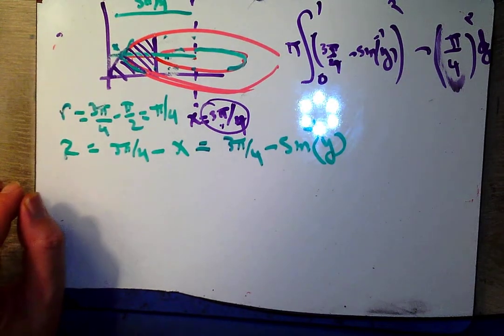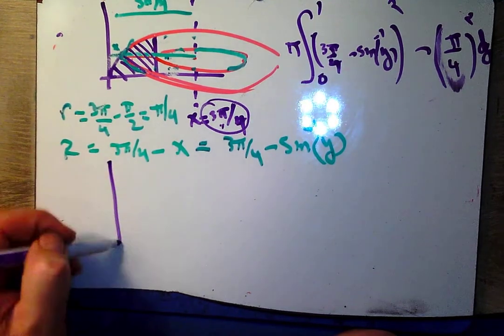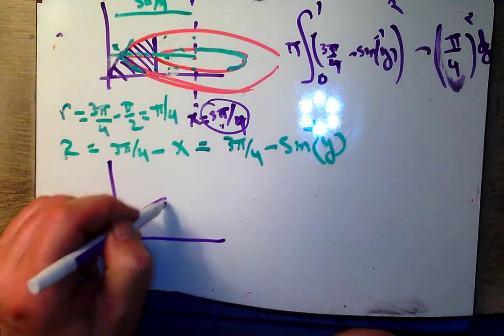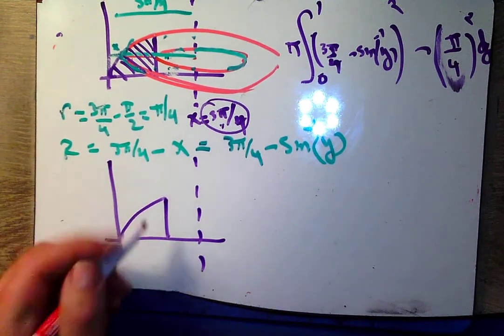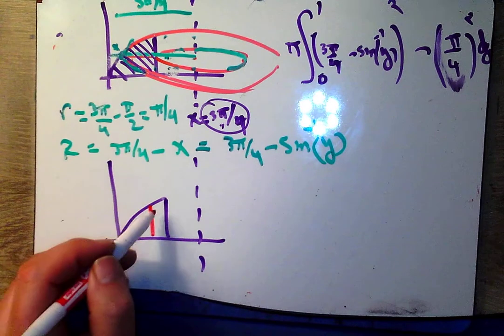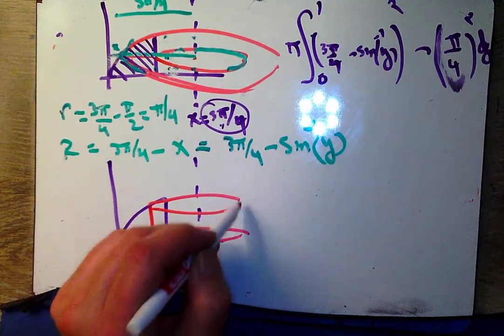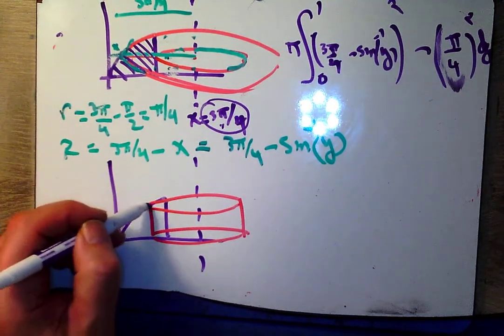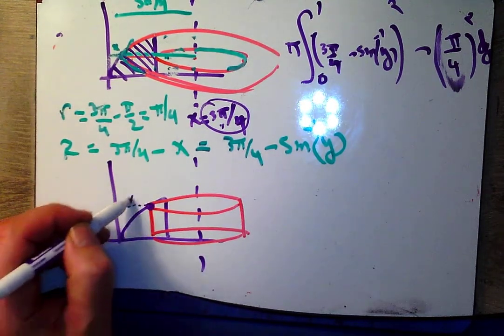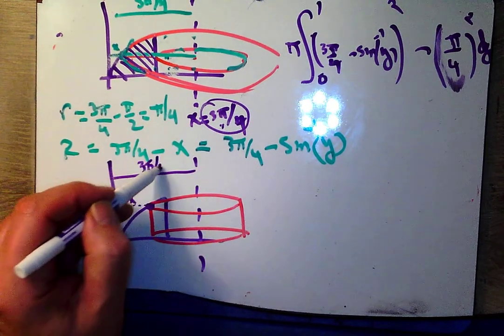Excellent. And then the last one, let's see if we can get that here. Rotating around this, we want to draw something parallel to the axis of rotation. Now, our ordered pair here tells me that this is x, and that this is 3 pi over 4.